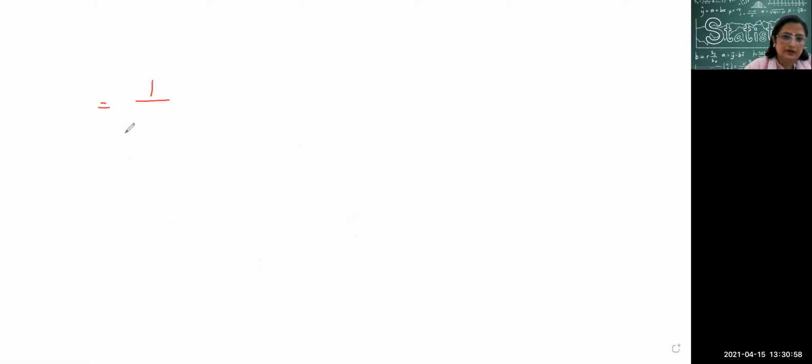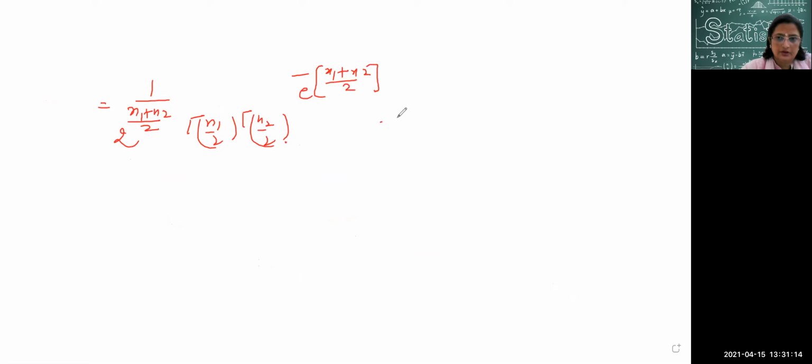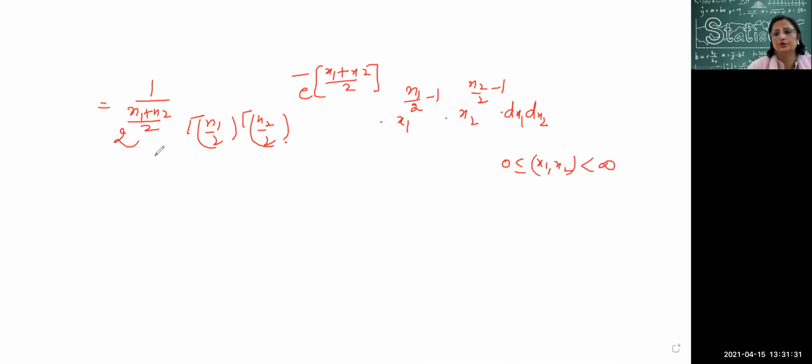So this is equal to 1 by 2 raised to power n1 plus n2 by 2 gamma n1 by 2 gamma n2 by 2 e raised to power minus x1 plus x2 by 2 into x1 raised to power n1 by 2 minus 1 into x2 raised to power n2 by 2 minus 1 into dx1 into dx2, and the common domain is lying between 0 to infinity.